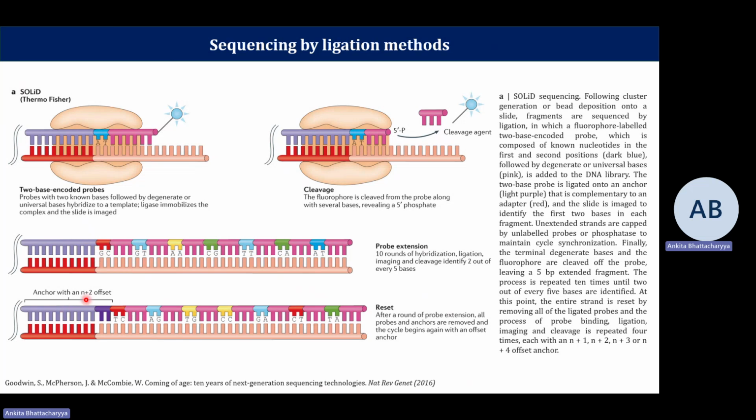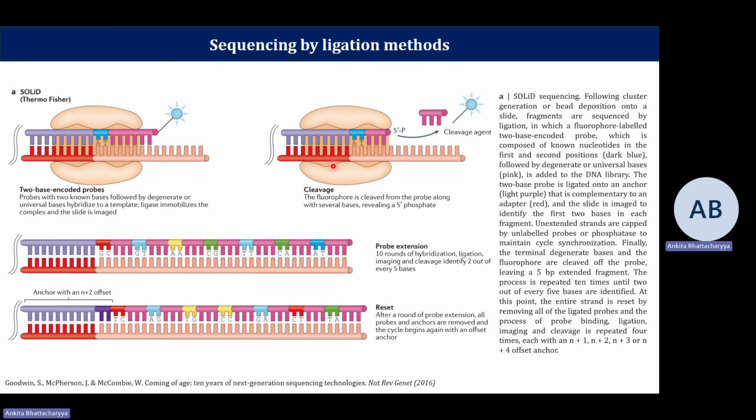So if your anchor now carries this offset, it is able to find complementarity here itself, and from that point onward you'll have two bases again which are known. So effectively, you now know the third base of each subsection, and you can again repeat this with N+3, and then you will have all of the bases from your N+4 distribution.